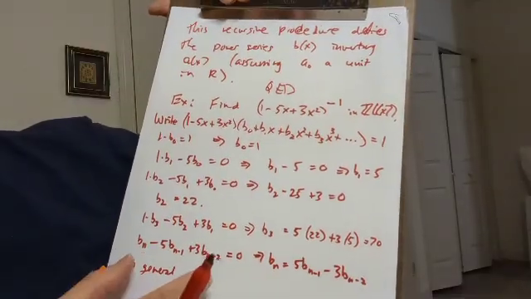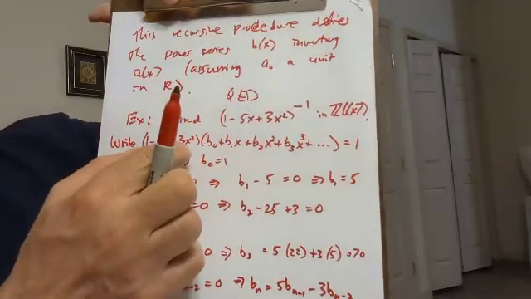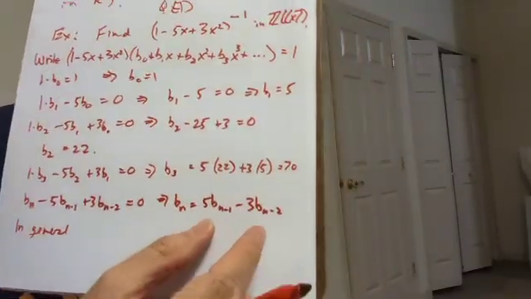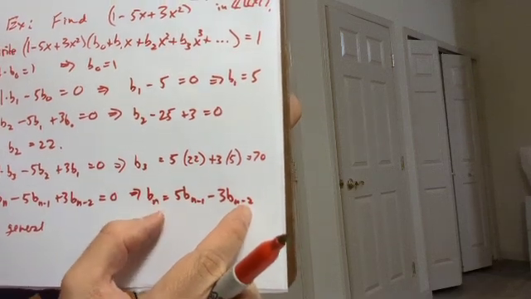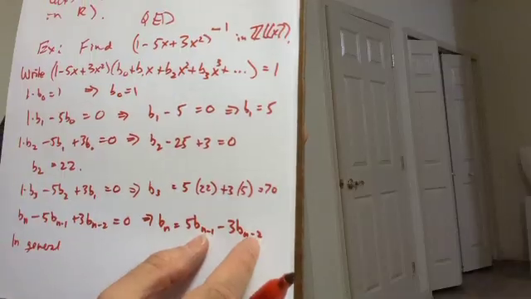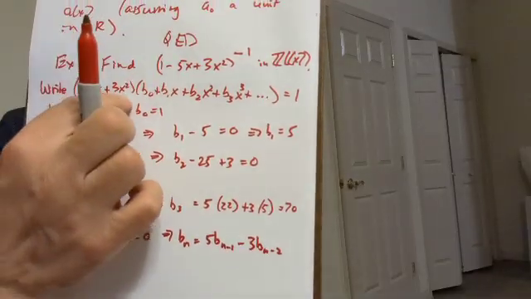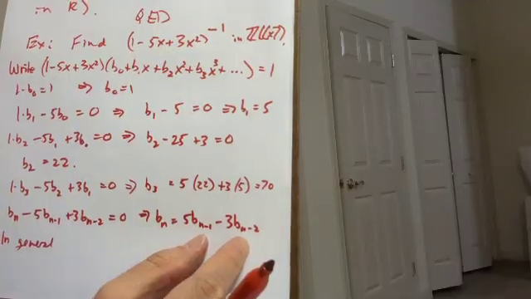Well, actually, if the polynomial has degree 2, there's 2 terms on the right-hand side. Maybe 3 total, including the one we're looking for. But we can get the one we're looking for in terms of 2 previous ones. So degree 2 polynomial means a recurrence of order 2 here.